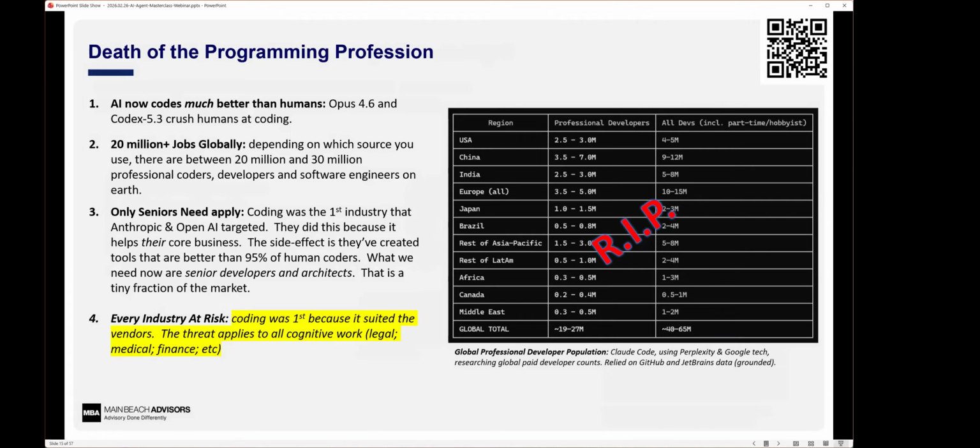Well, the answer is this, that the AI labs focused on coding as their primary first use case. So Anthropic and OpenAI are pouring all of their money into making their AI models amazing at computer coding. Why? Because code is what they use to create AI.